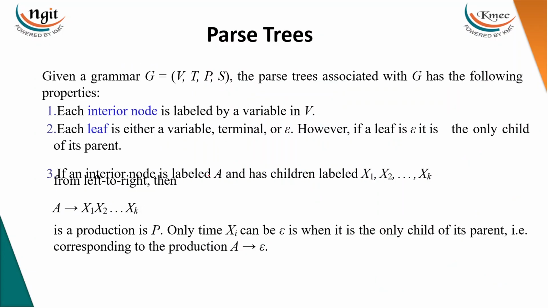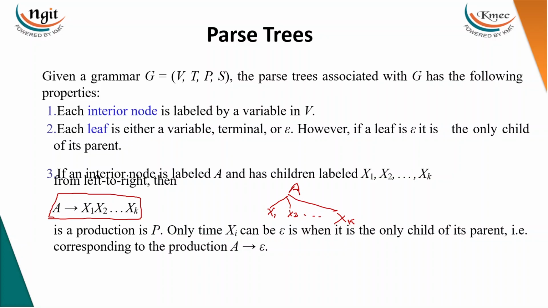Then how do we represent the parse tree, guys? For example, if you have a derivation like A goes to x1, x2, up to xk, then A is treated as the parent node and x1, x2, and so on up to xk are treated as its children. All the terminals act as leaf nodes because terminals do not have any productions.